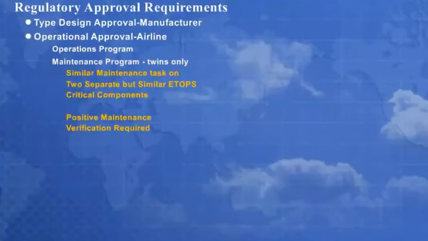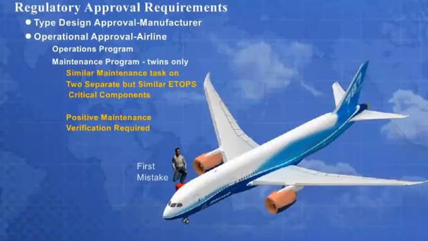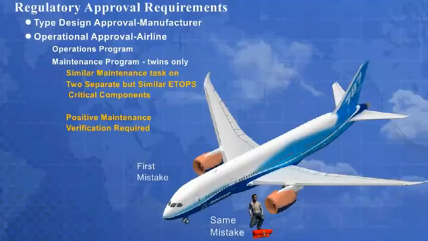If a similar task has been performed on two separate but similar ETOPS critical components, positive maintenance verification is required. This verification is to ensure that the problem has been resolved and that identical maintenance errors have not been introduced to both components.